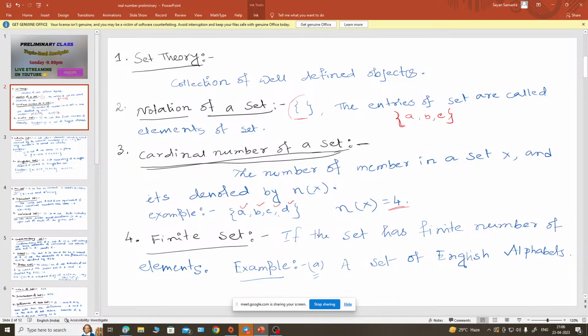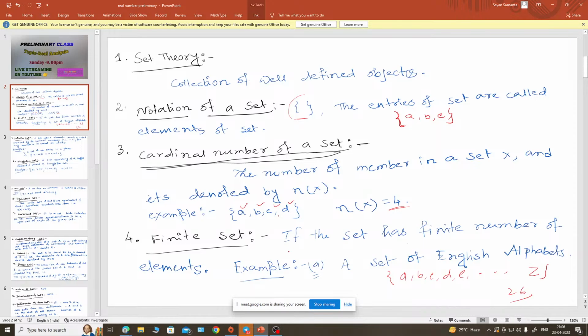Next, finite set. If the set has a finite number of elements, then it's called a finite set. For example, if we consider the English alphabet, the members of the set are A, B, C, D, E, up to Z, that is 26.